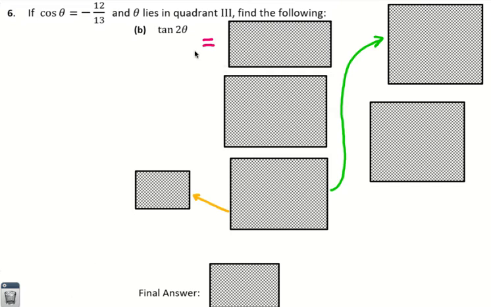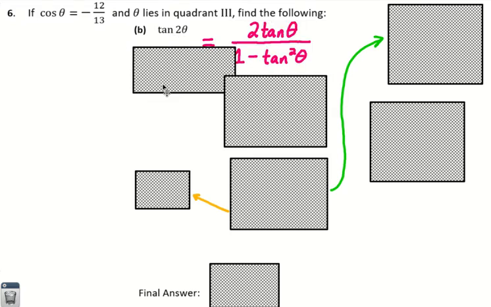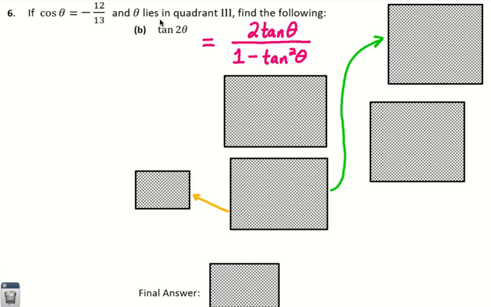Part B. Well, ultimately we just want the tangent of 2 theta, which you look at your double angle formulas on your formula sheet, and it says that it's this. So we just need to know the tangent of theta. Well, the tangent of theta last time I checked was y over x.